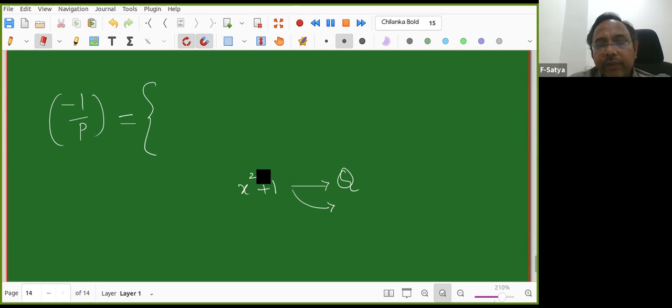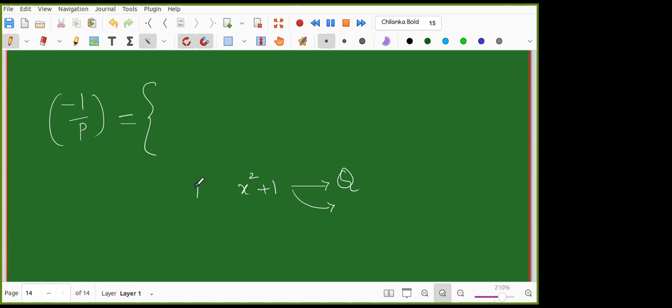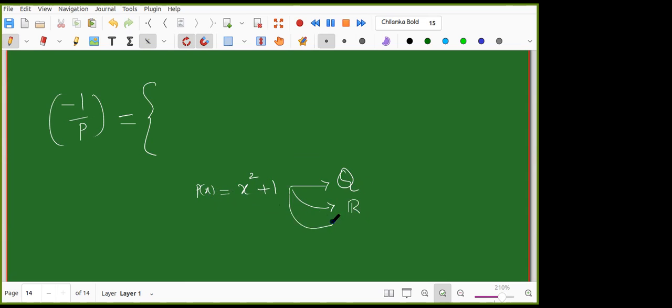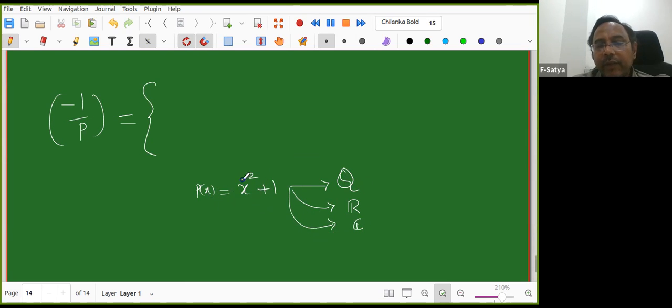Is there any number which is a root of this polynomial? Let us say this is p of x equal to x square plus 1. Does it have a solution in the rationals, in Q? No solution. What about in real numbers? No. But in complex numbers? Yes.